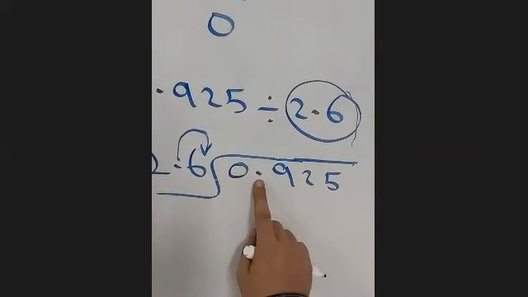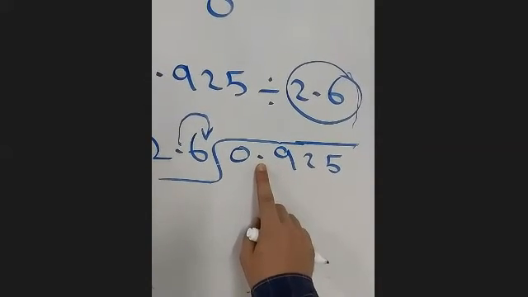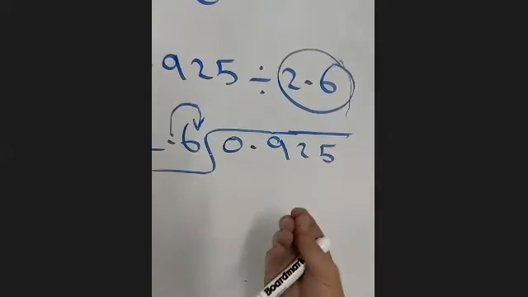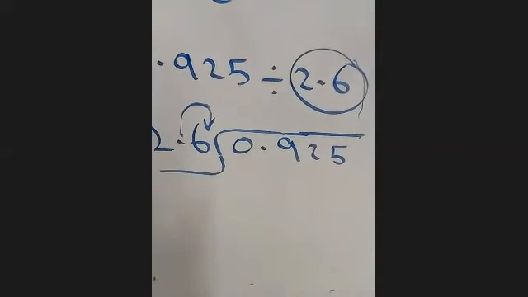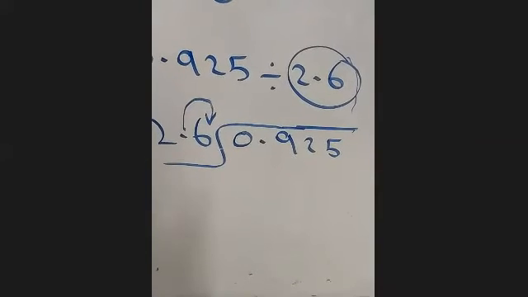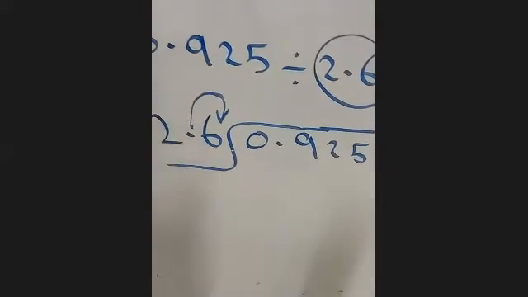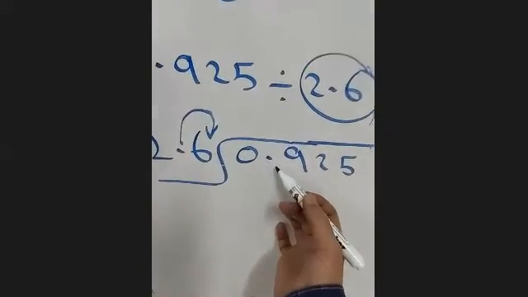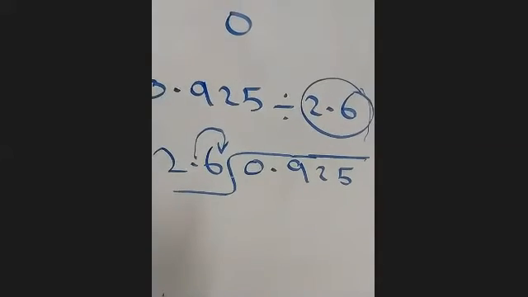And where should this decimal be also? This decimal will be between which two digits? 0 and 2 should be. Here I push the decimal 1 digit, okay? Do the same thing here. Push it 1 digit. Where will the decimal be?